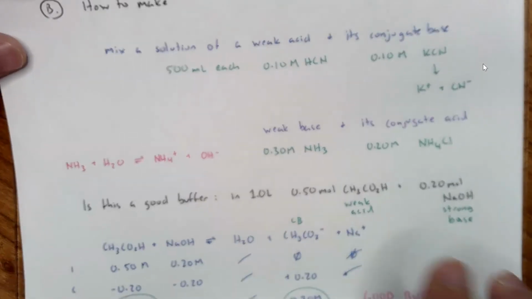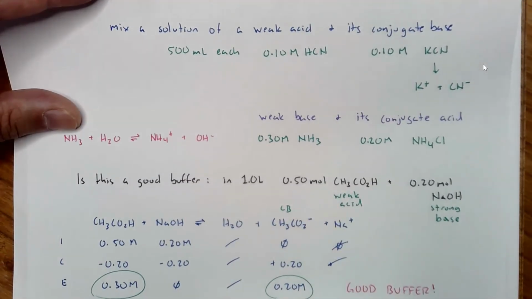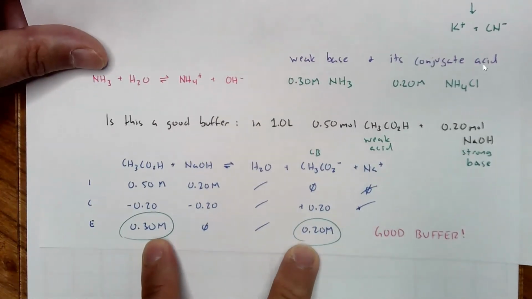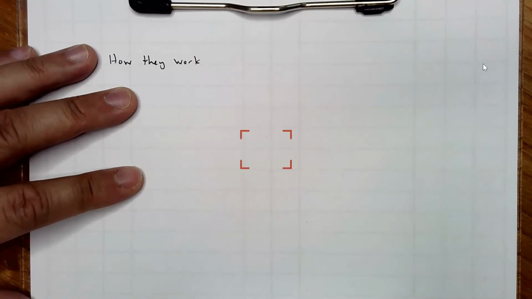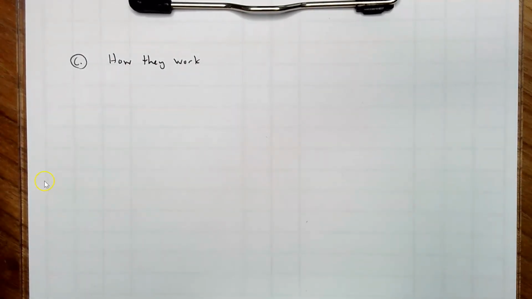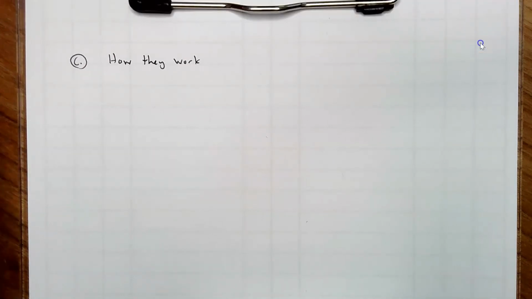Actually, let's take exactly the way we made it. We added these two, but we realized that when they react, you get these concentrations of the weak acid and the conjugate base. Is this thing focusing every time? Let me just fix that real quick. Okay. So those are the concentrations I'll be using.